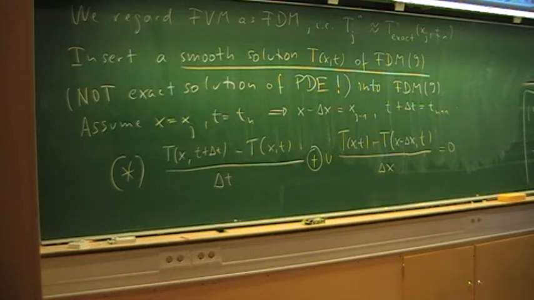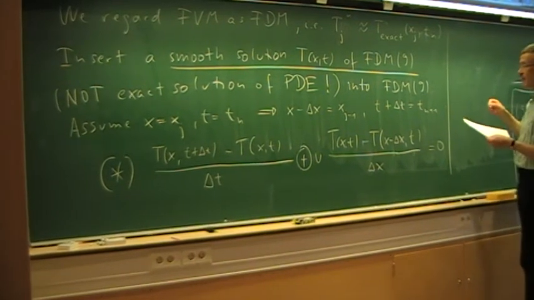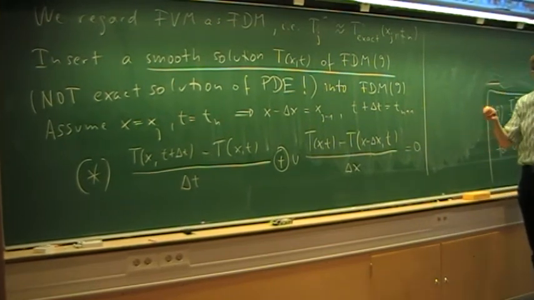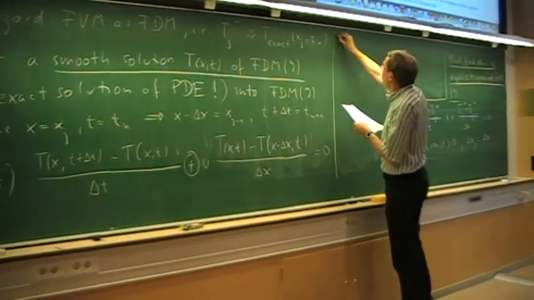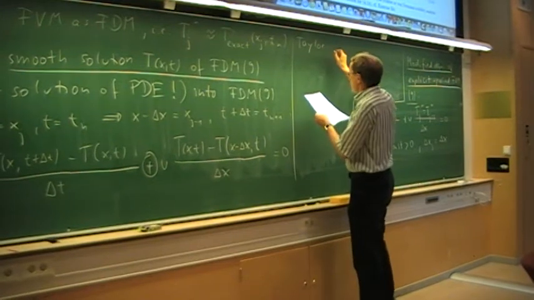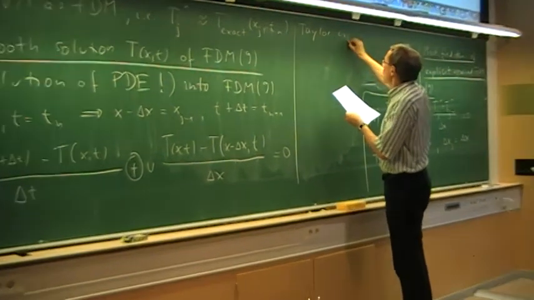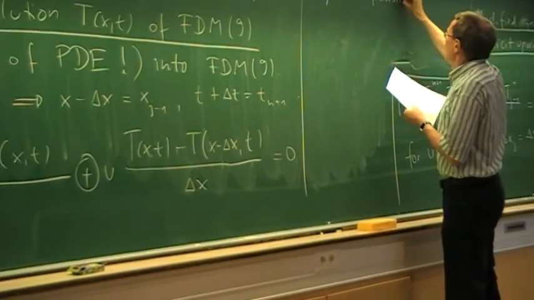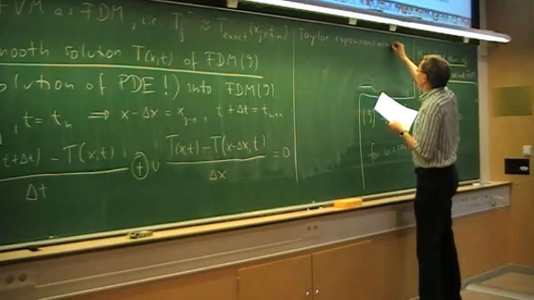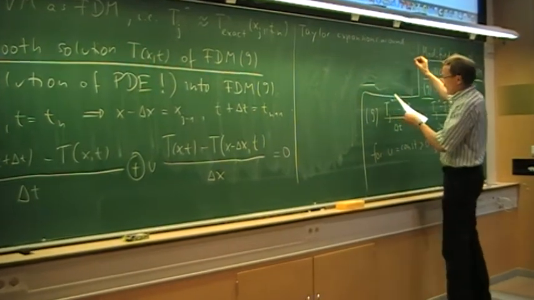Now we do Taylor expansion in the same way as we do for the consistency analysis, because we assume that this is a smooth function, so that we can do that. We do Taylor expansion around x,t.